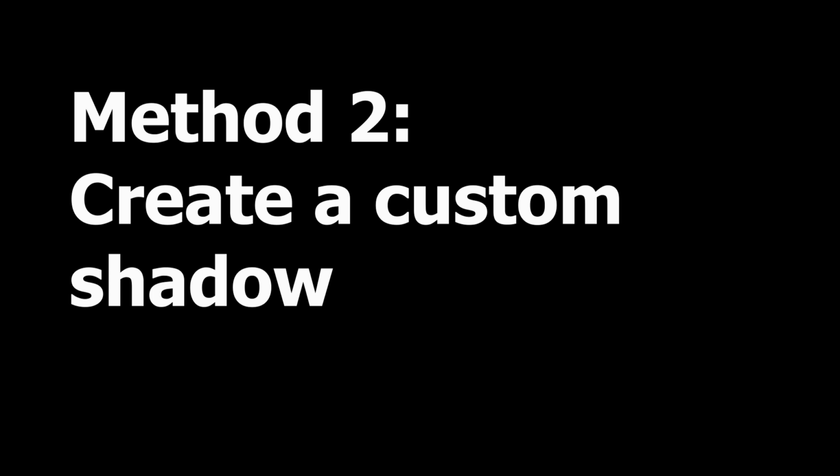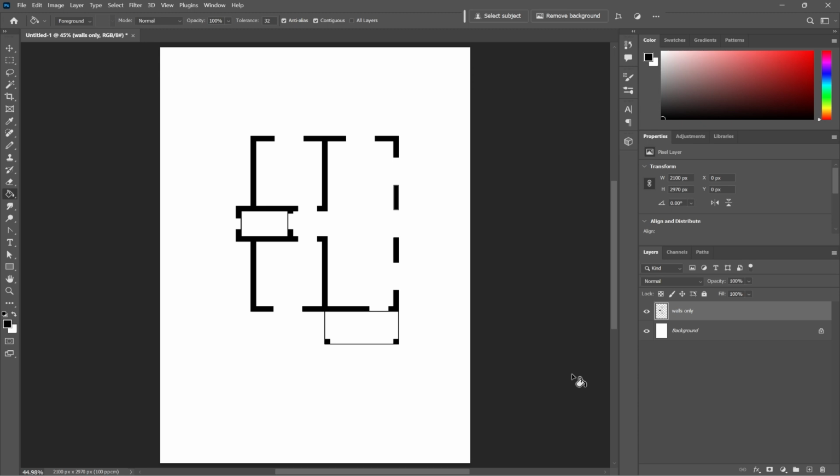Method 2. Create a custom shadow. With this method, you can have more control over your shadows. This is better if you want to manipulate the shadow more freely.